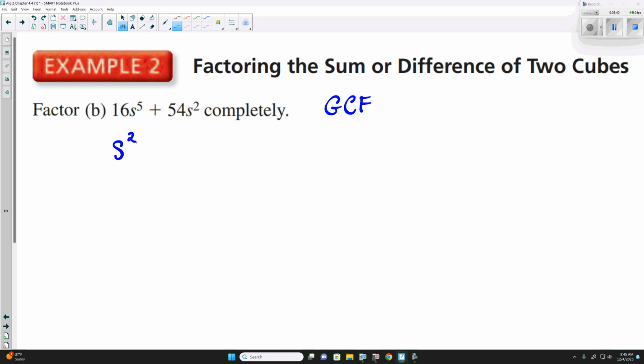Well, s squared. Because I can take an s squared out of s to the 5th, which leaves us with s cubed. And s squared factors out completely from s squared. Is there a greatest common factor between 16 and 54?